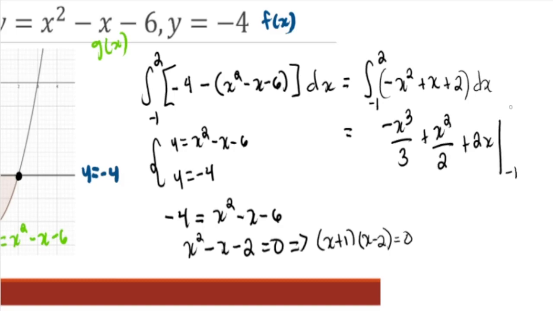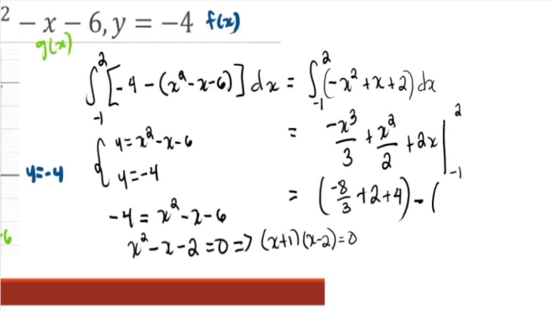We evaluate this from negative 1 to 2. So you have negative 8 thirds plus 4 over 2 plus 2 times 2 minus negative 1. Substitute natin. So 1/3 plus 1/2 minus 2.